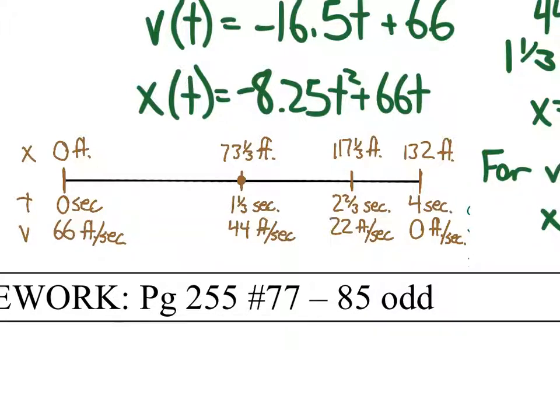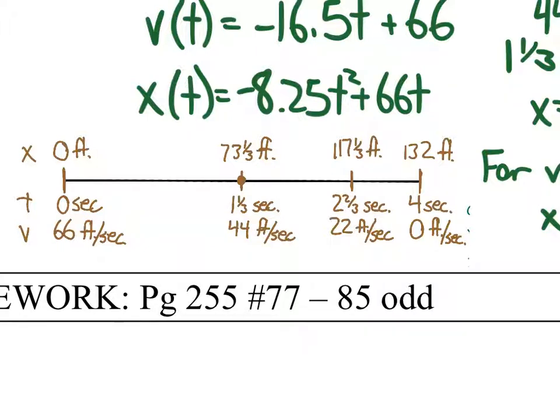After 2 2/3 seconds, we were at 22 feet per second, which was, what was it, 45, 30, 15 miles an hour? But then we had gone 117 1/3 feet at that point, and then at 4 seconds, we were at 0.